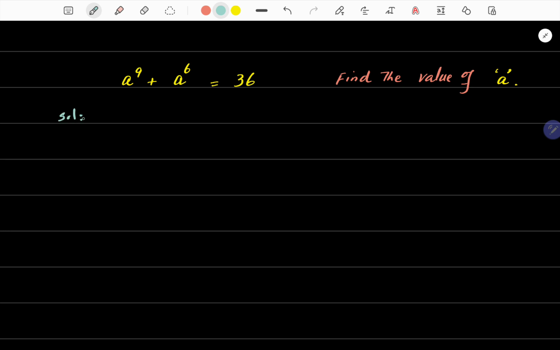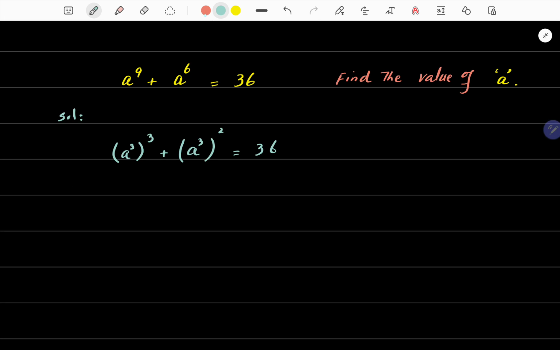The solution is, we can write a power 9 as a power 3 whole power 3, plus a power 3 square, that is equal to 36.